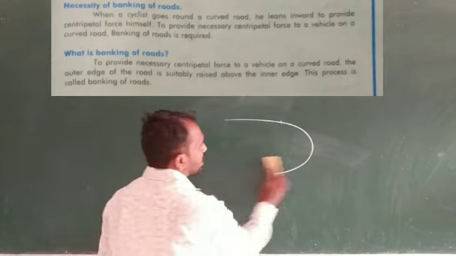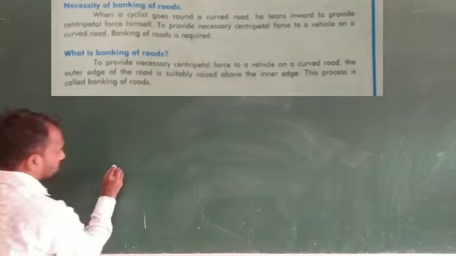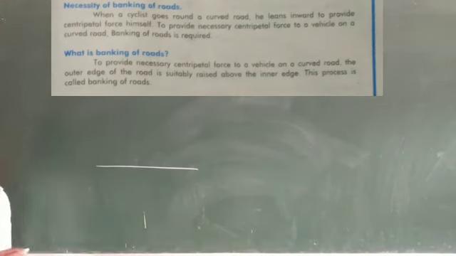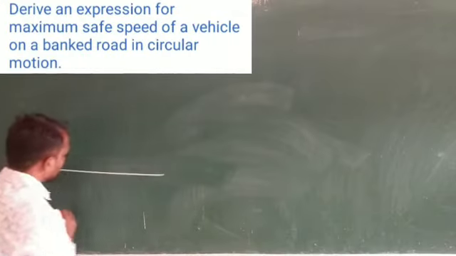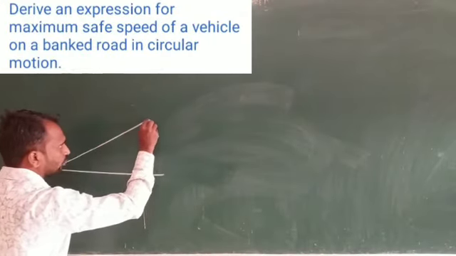And here suppose this is a horizontal surface, and here is the road, the banking of a road.